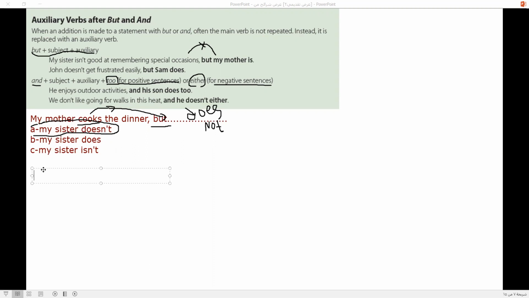Another question. For example, A, and C. Which one is the correct answer?